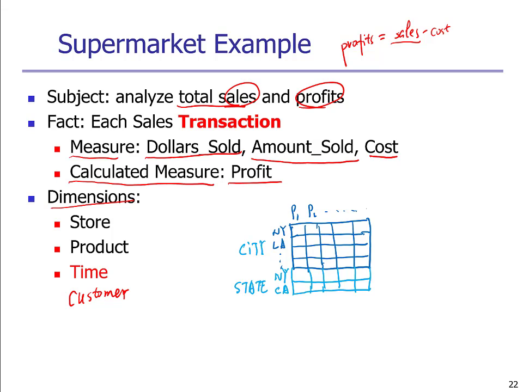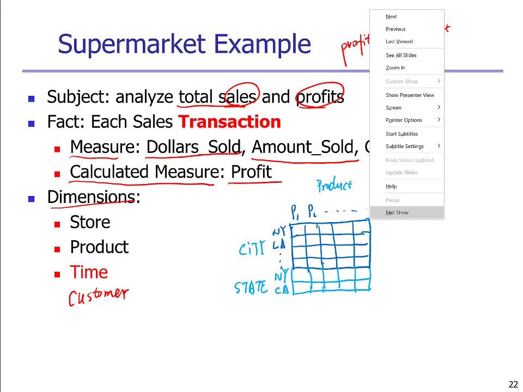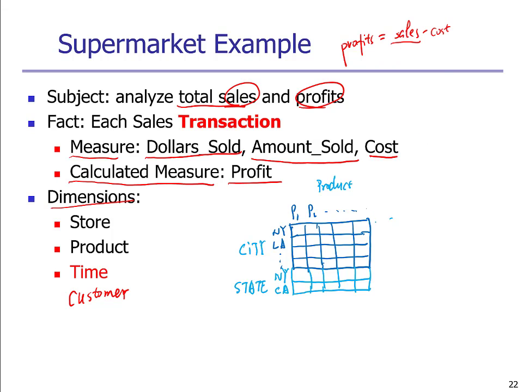Okay. And similarly, say this is a product, then we can expand the cube in this dimension as well. So assume that this is category, and we have say C1, C2. There are in total 2 categories.